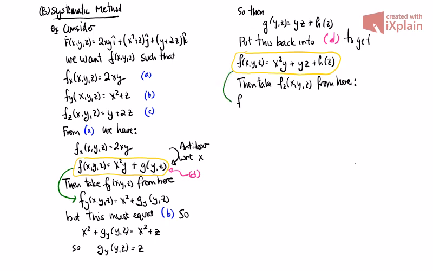So we get f sub z of x, y, z, which is 0 plus y plus h prime of z. I can write h prime now because it's just a function of z. And this must equal c.